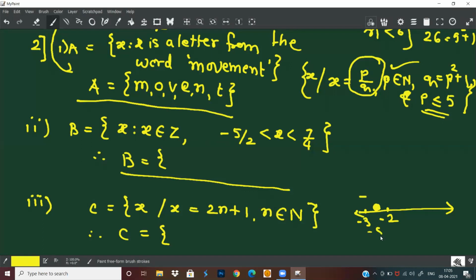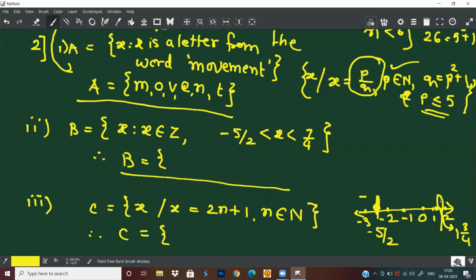Correct? And 7/4 क्या है? One integer 3/4, right? So -2, -1, 0, 1 and 2 के बीच में ये है 1 3/4. Correct? So ये this is -5/2 and ये 1 3/4.